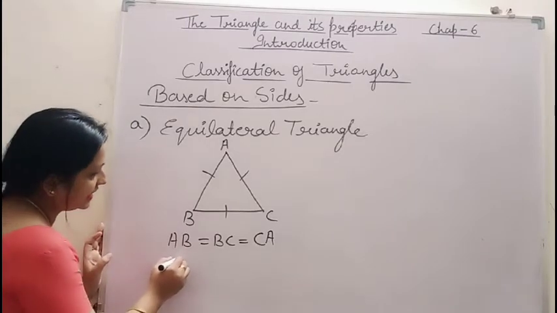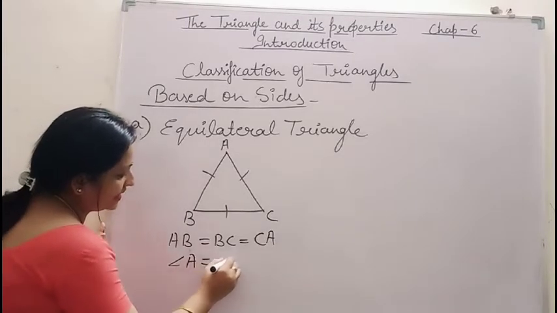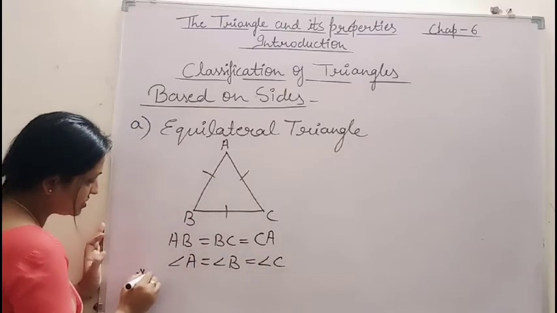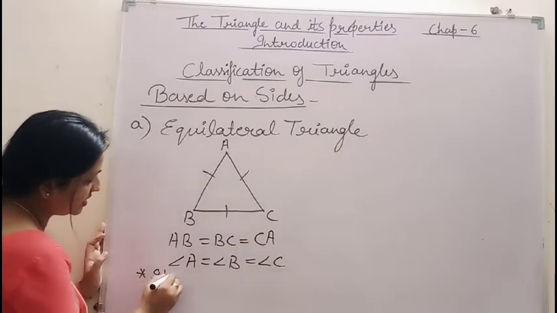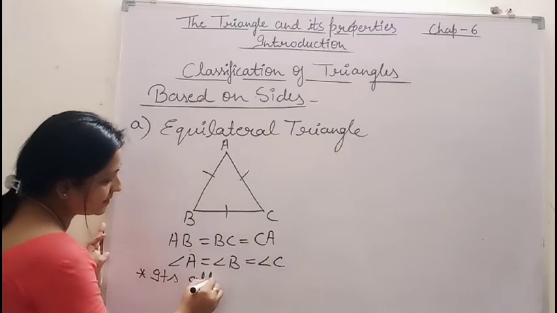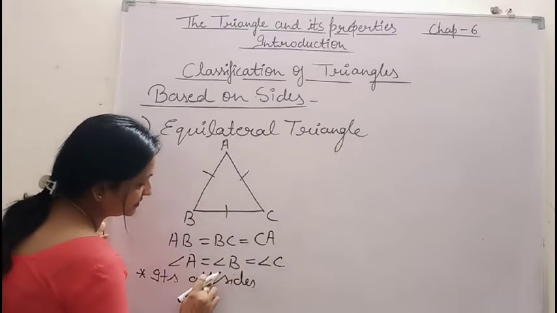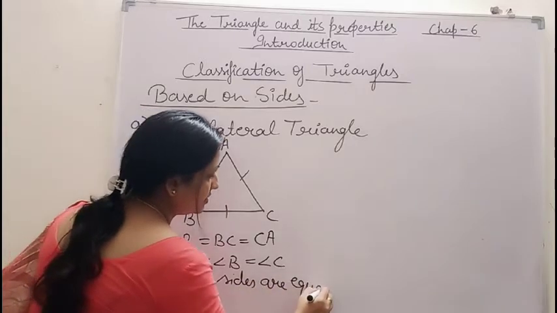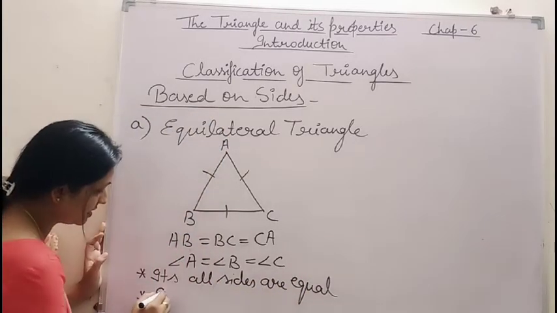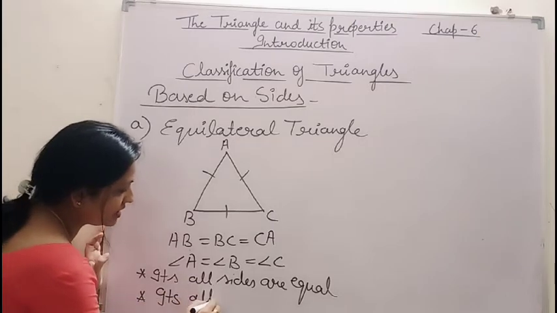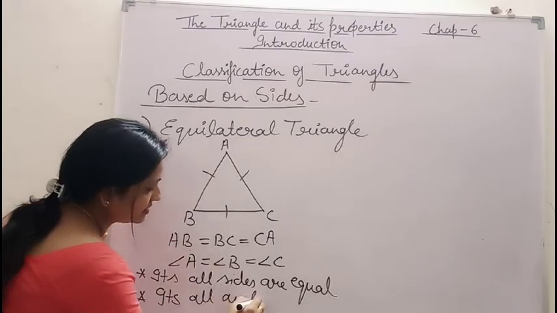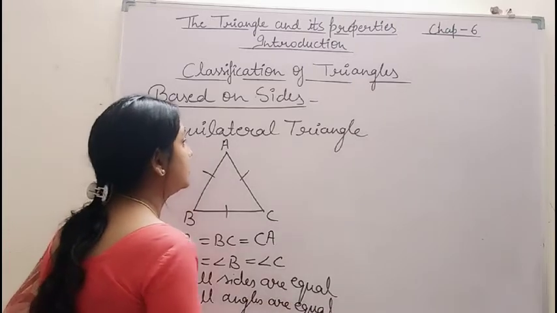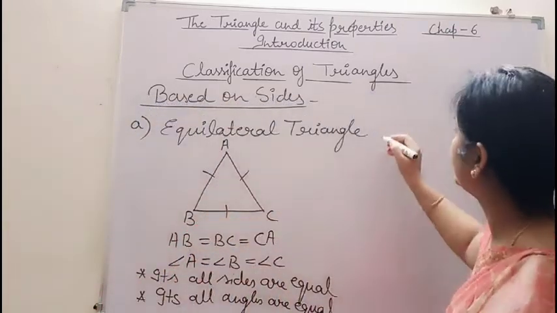It means angle A is equal to angle B is equal to angle C. So all its sides are equal and all its angles are equal.